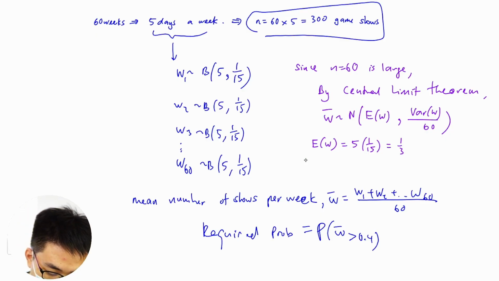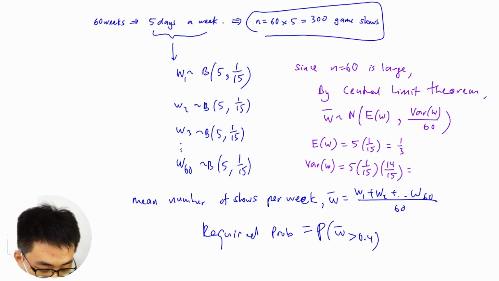Then the variance of W is 5 times 1 over 15 times 14 over 15, so this is 14 over 45.